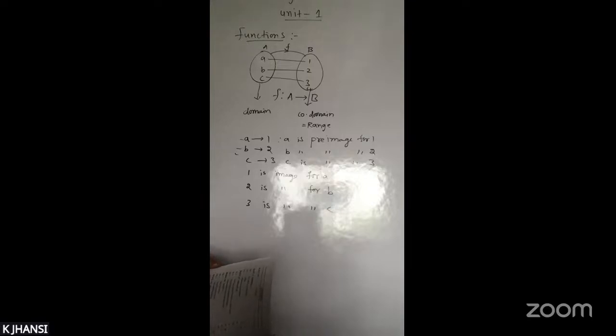There, if you know the concept of functions, then we have one-to-one functions and onto functions. That is, we call it a bijection. So if you know the definition of functions and the types of function, then you can do the proofs of the theorems very easily.